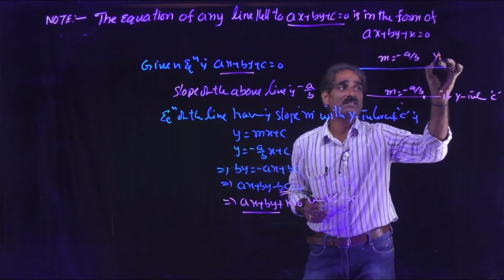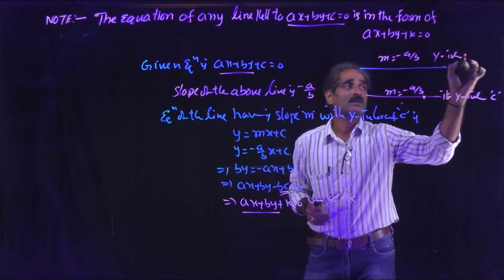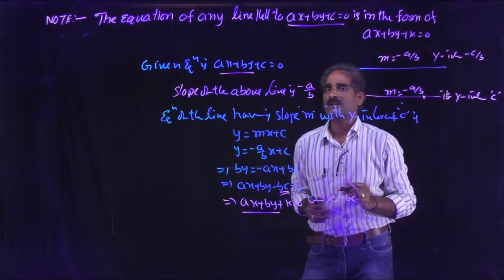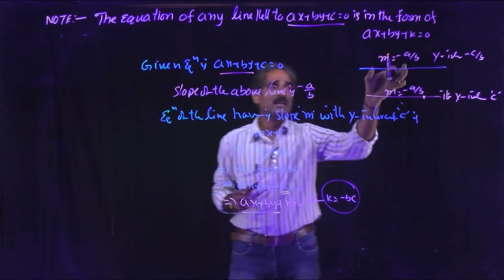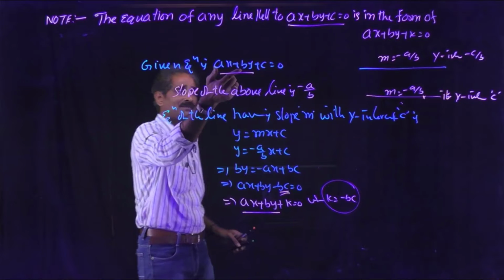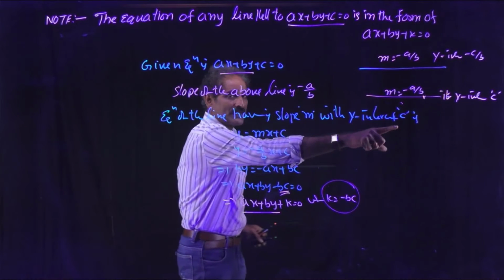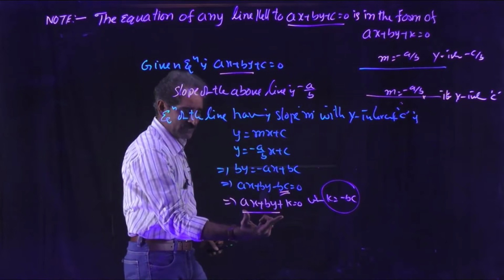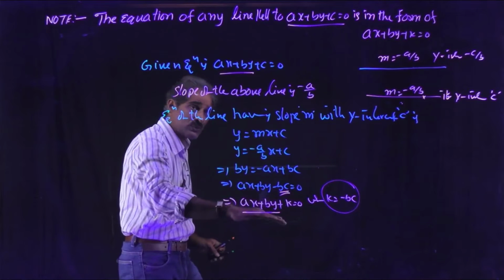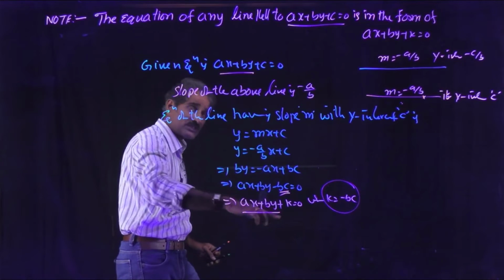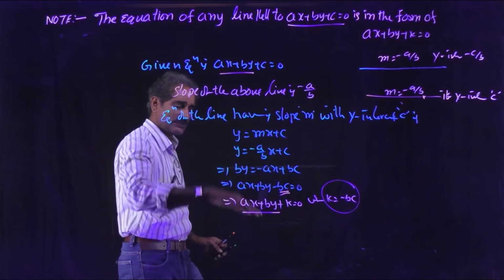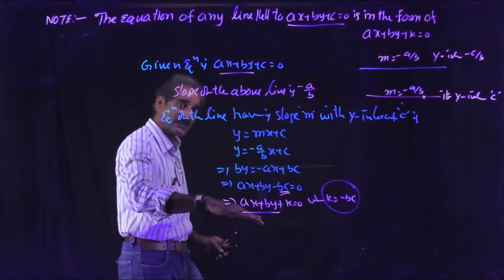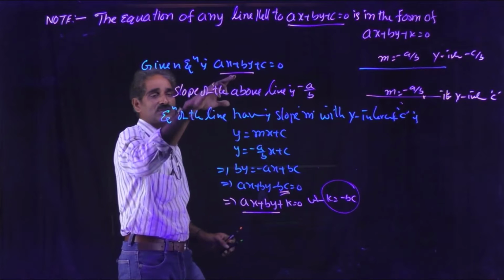Here its y-intercept is minus c by b. These two are parallel lines. Parallel means slopes are equal. With the help of this slope and using the y-intercept, we get this type of equation. Just observe that this equation represents a line which is parallel to this.